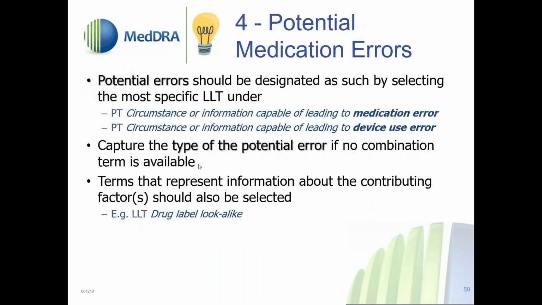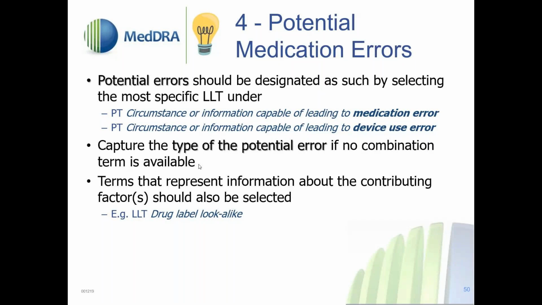Principle number 4 refers to potential medication errors. Such incidents should also be captured, and MedDRA has 2 PTs for doing so: PT circumstance or information capable of leading to medication error, and PT circumstance or information capable of leading to device use error. The type of the potential error always needs to be captured in addition.